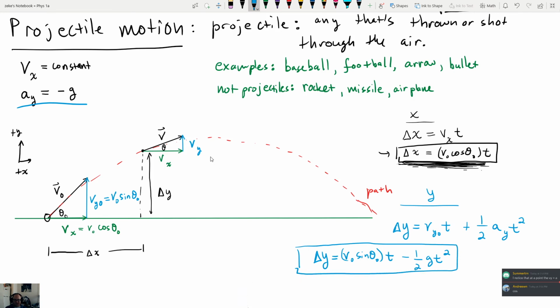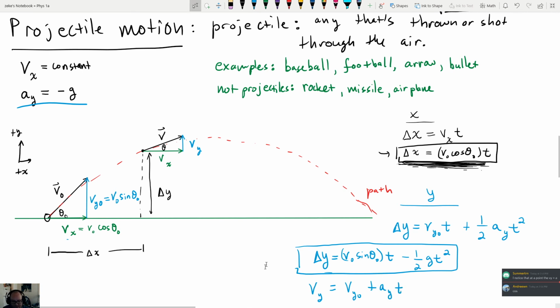And then we can also talk about the other variables that show up here, like Vy and Vx. We've already talked about Vx. Vx doesn't change. It's the same here and up here. But Vy does. So if I want to figure out what the y velocity is at some point in time, like right here, for example, that's going to be equal to the initial velocity in the y direction plus the acceleration in the y direction times time.